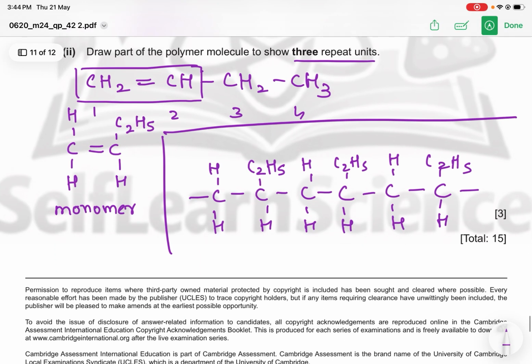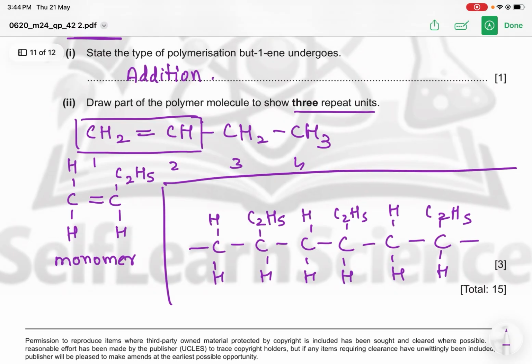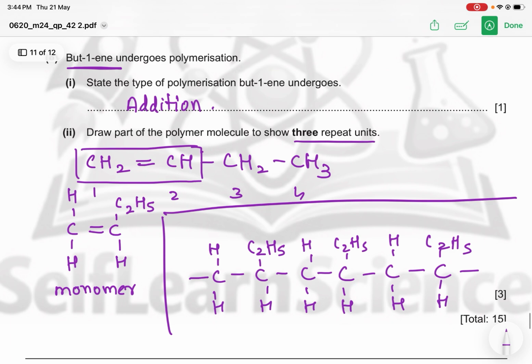So this is how you are supposed to find the polymer. Whenever they ask you to draw a repeat unit, first rearrange and make a monomer, and then repeat the same monomer just by converting the double bond to a single bond and show bond extensions on both sides. I hope you have understood whatever we have done in this paper.